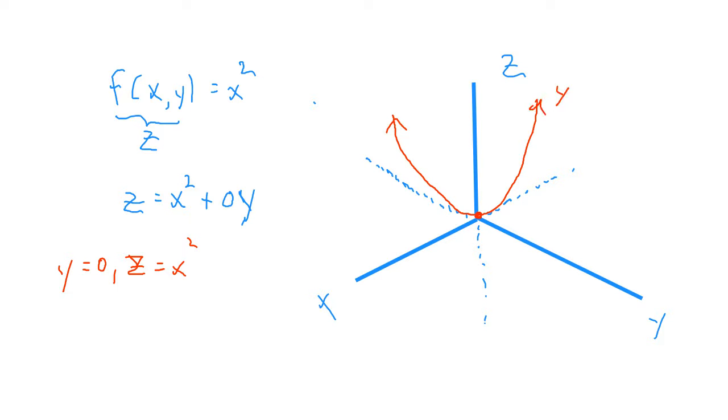So this is, again, y equals 0, z equals x squared. Every point on that parabola has y coordinate equal to 0, and z equals x squared is a parabola in the xz plane.